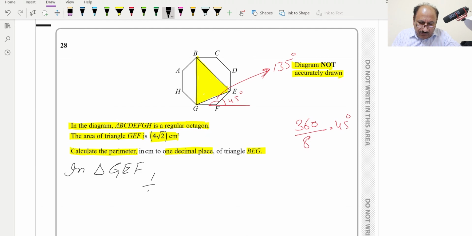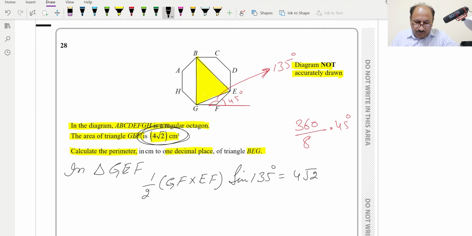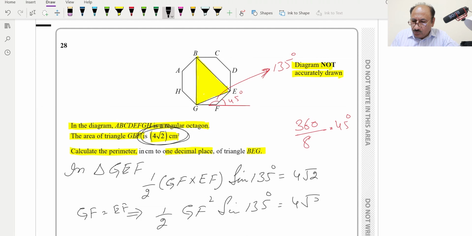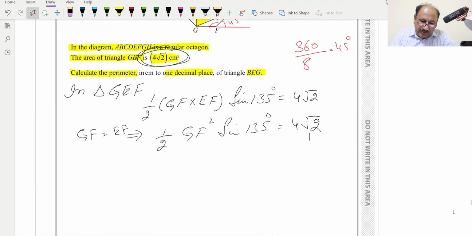So the area of the triangle will be equal to 1 by 2 into GF into EF multiplied by sine of 135 degrees, and it is provided as 4 root 2. Now we know that GF is equal to EF. So this will be 1 by 2 GF square sine of 135 degrees is equal to 4 root 2. And now we can simplify and find the GF value.